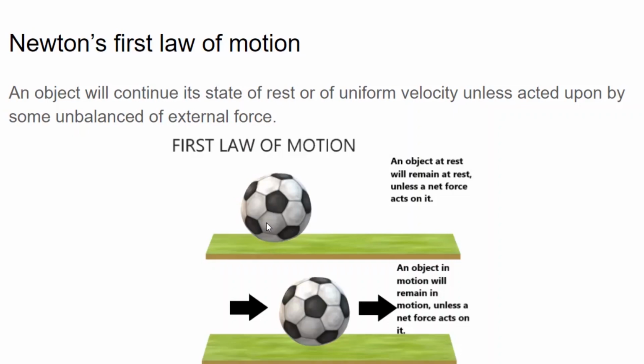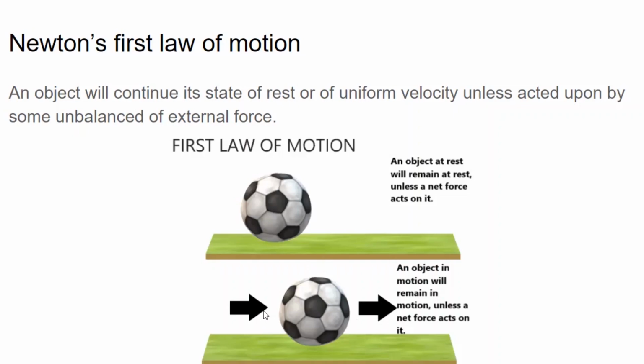So it confirms that it's at rest. But when we kick the ball, there's a resultant force produced, because on the left side there's a larger force and on the right side there's no opposing force to cancel it out. So the ball moves towards the left. And we can say that in this diagram, the ball isn't obeying the first law of motion anymore.